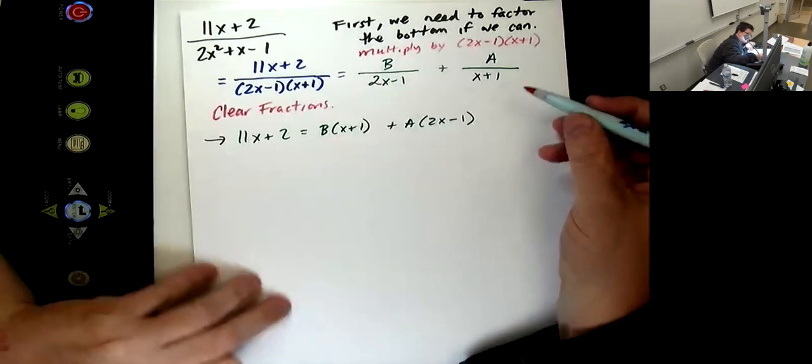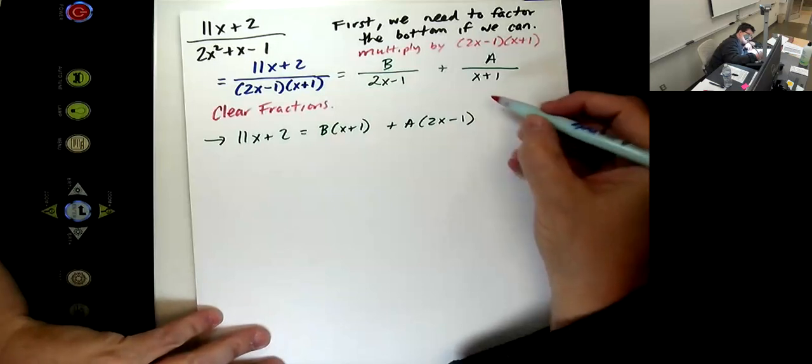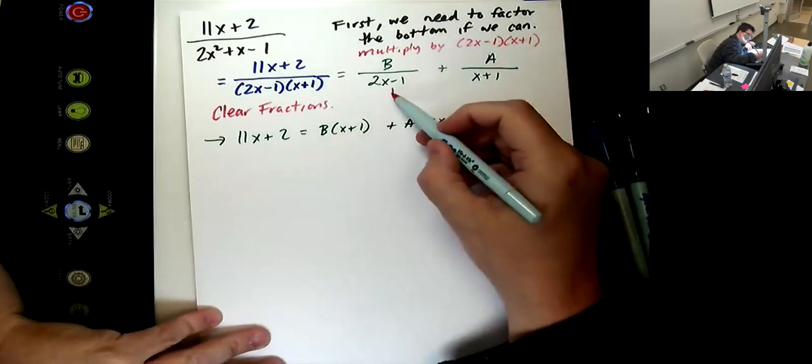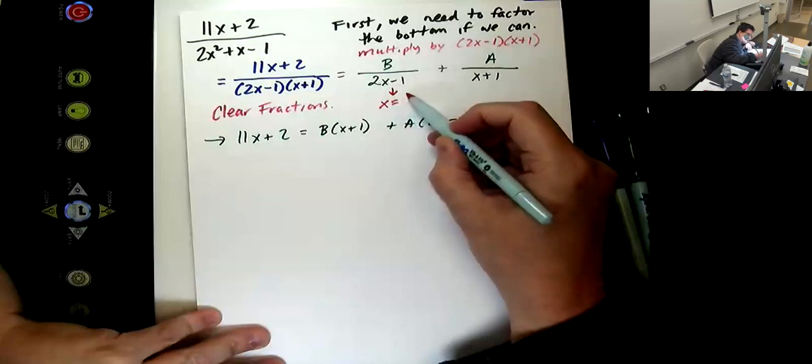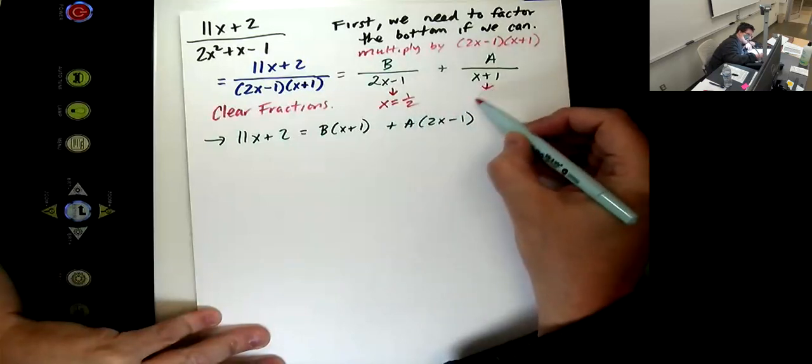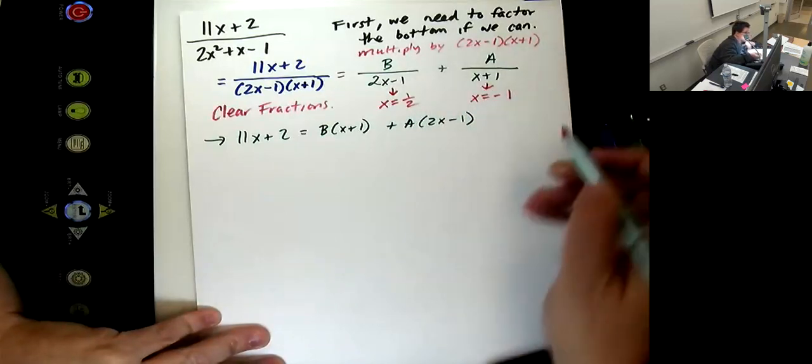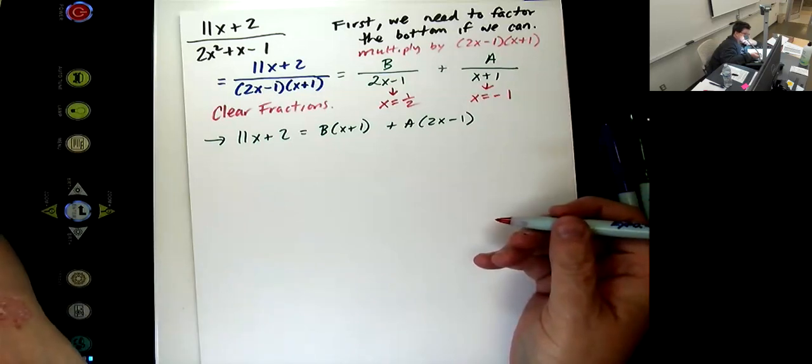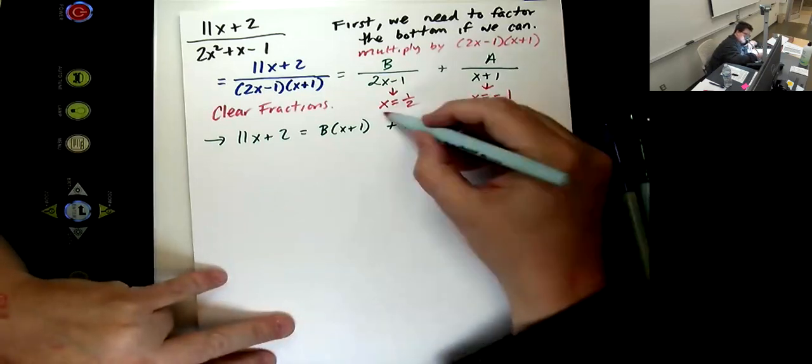Shortcut will work here. So this one, the denominator would be x equals 1/2. And this, the denominator would be x equals -1. So these are our shortcuts.